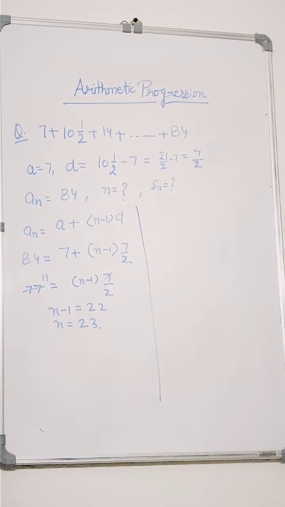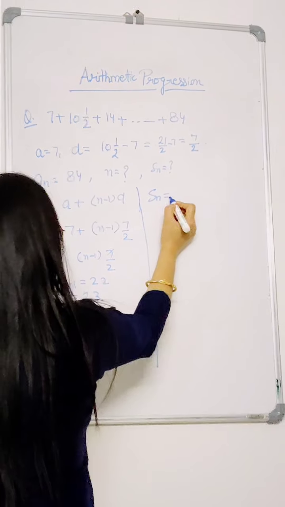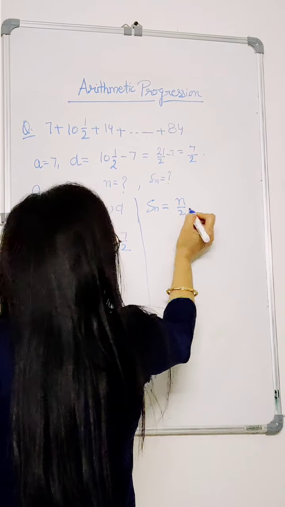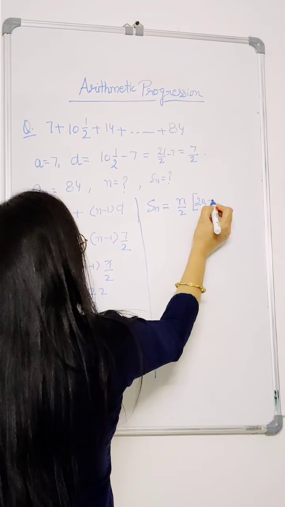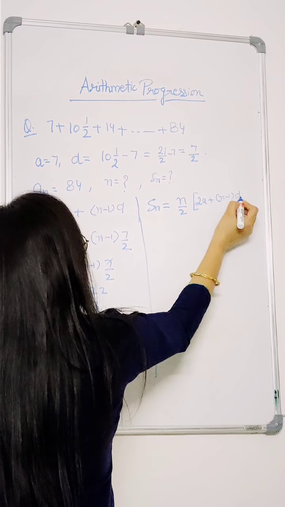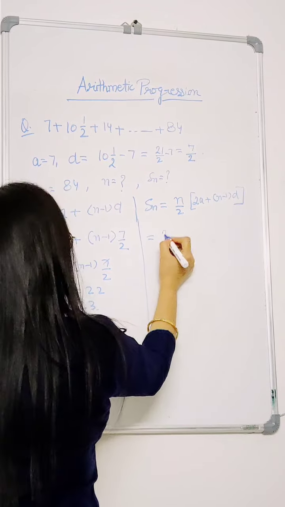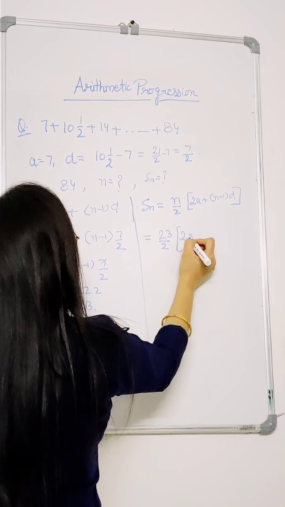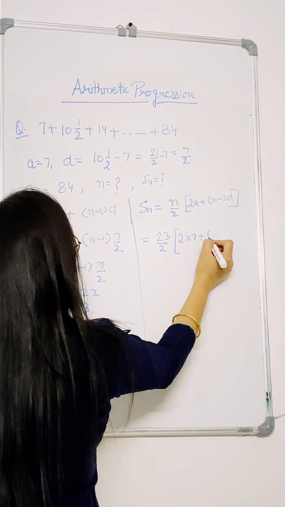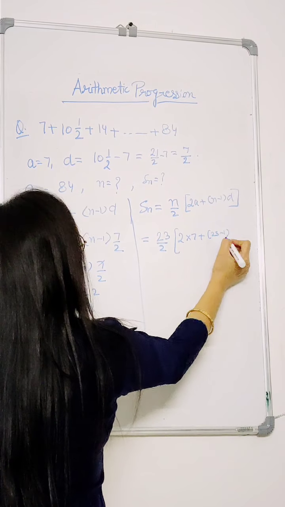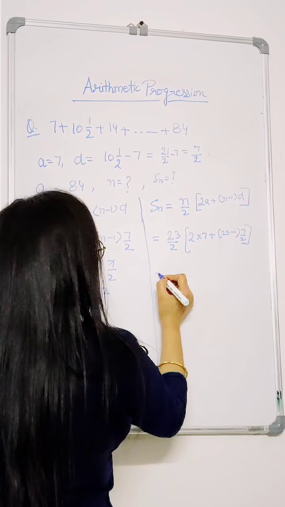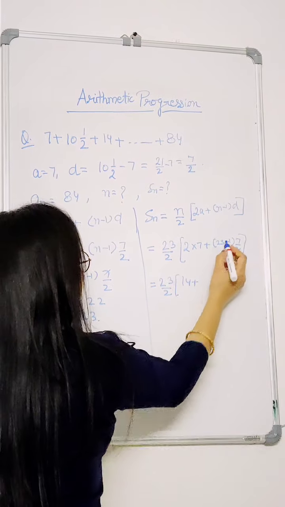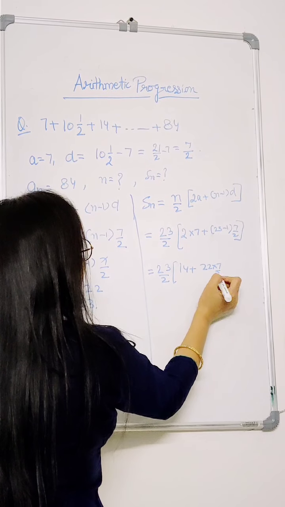Now if we have to find Sn, the formula is Sn is equal to n by 2 into 2a plus n minus 1 into d. n is 23. 2 into a plus 23 minus 1 into d, which is 7 by 2. 23 by 2, 14 plus 22 into 7 by 2.